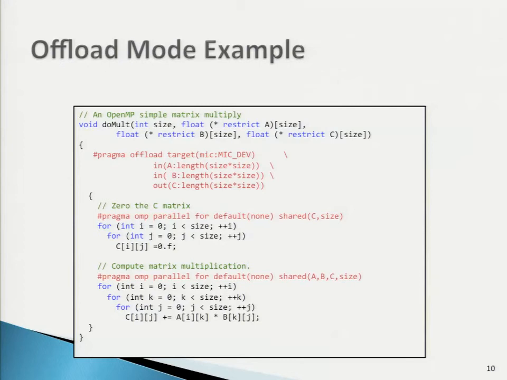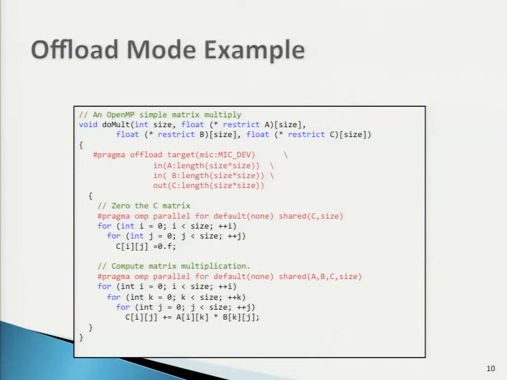You have the ability to tell it exactly which card you want to offload to. And because this data is currently residing in the host memory, you have to tell it to copy. You want it to copy this data from the host to the device, and then at the end, you want it to copy the result, the C, back to the host.